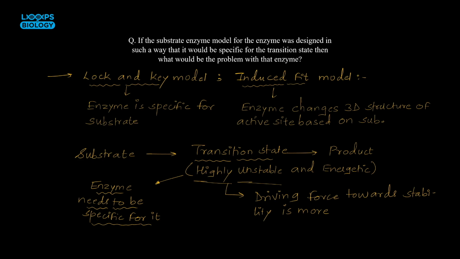Got my point? So in that particular case, the transition state stays for a very short period of time. It remains for a very short period of time, and it can go undetected.